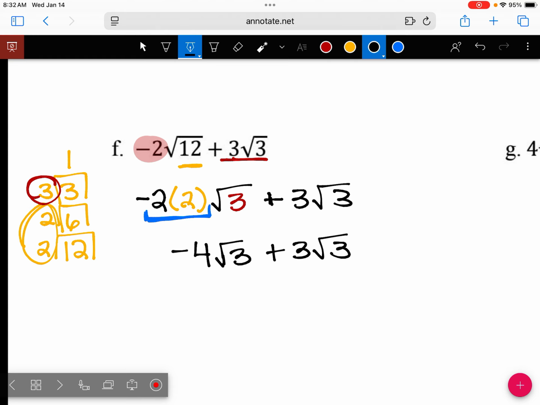They are like terms because they both have the 3. So we're just going to use our calculator and add negative 4 plus 3. And then your final answer would be a negative 1 root 3. Or you could just drop the 1 and put a negative root 3.